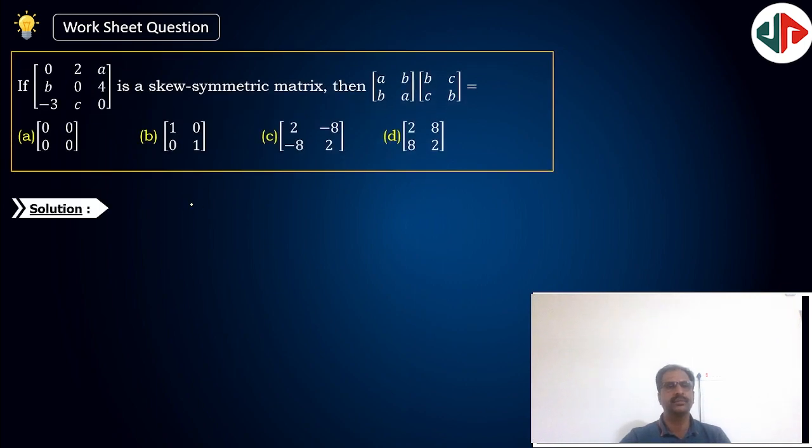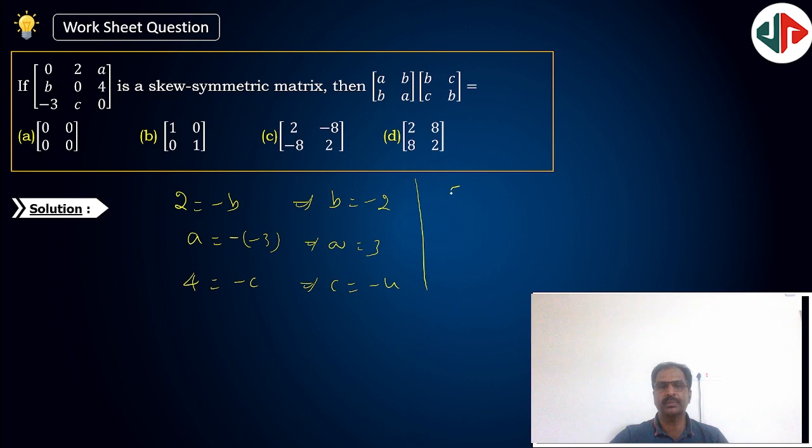Next, given that the matrix is skew symmetric, which means 2 should be equal to minus B, A should be equal to minus of minus 3, 4 should be equal to minus C. This implies B is equal to minus 2, A is equal to 3, C is equal to minus 4. Then the question is multiplying the two matrices: 3 minus 2, minus 2 3 into the second matrix.